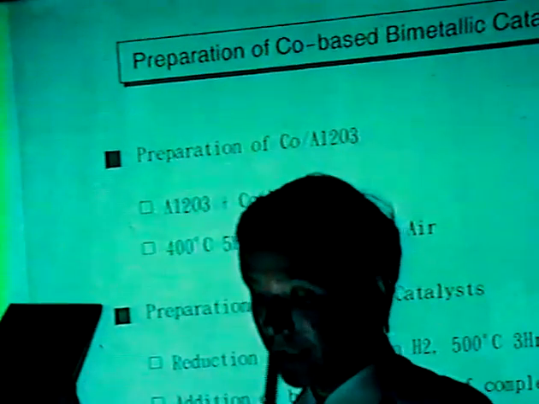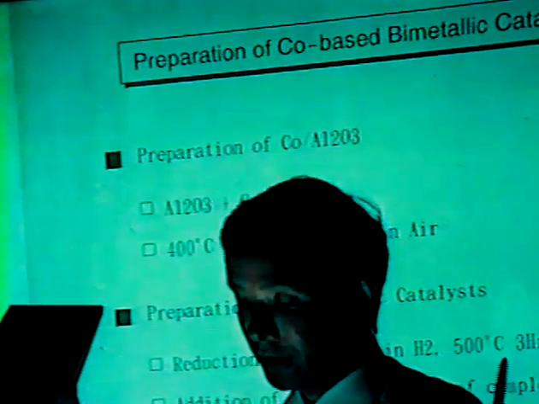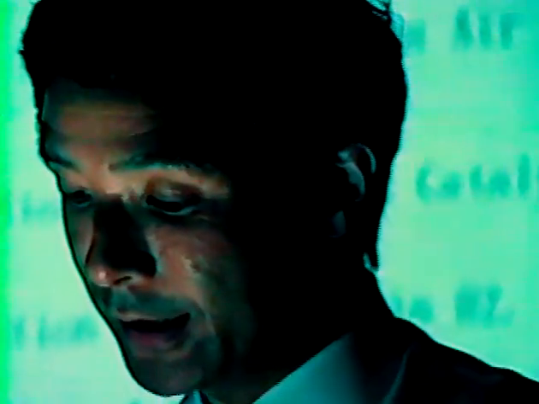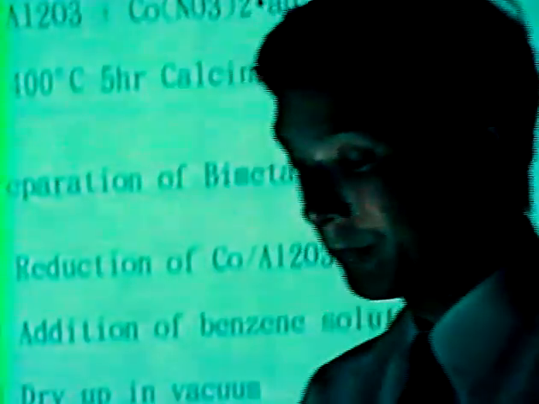And then it was calcined in air and reduced in hydrogen flow, and then the complex of the second metallic component was added as a benzene solution. And the solvent was dried up in vacuum and reduced. The complex was reduced in hydrogen at this condition. And after reduction, the catalyst was transferred into the autoclave without exposing to air.